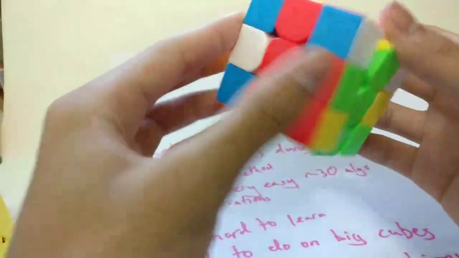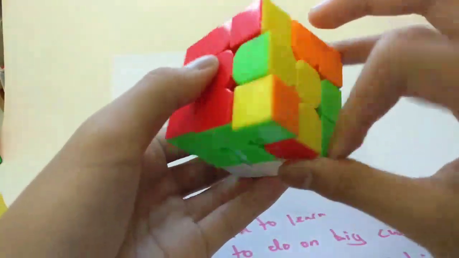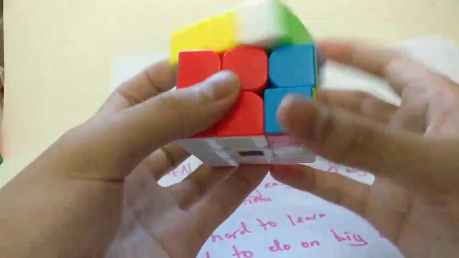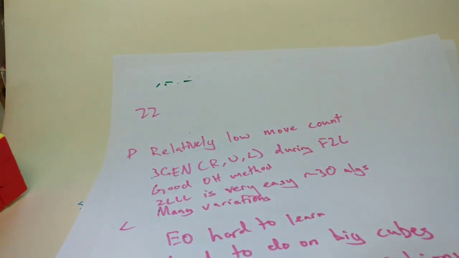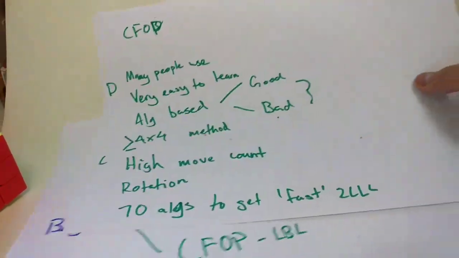So something like this for cross, and then this for your first pair, second pair over here, third pair, and fourth pair, and then you can solve your last layer like that.